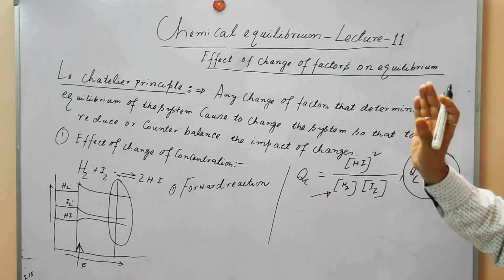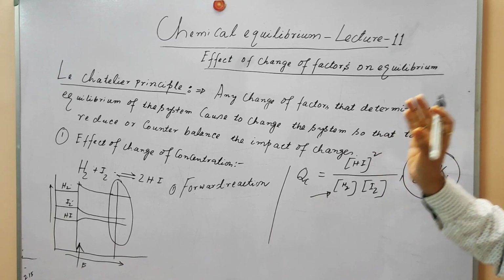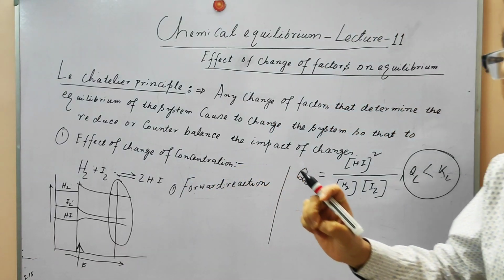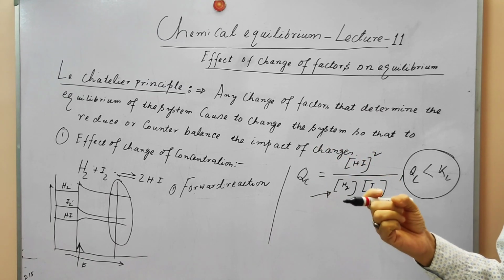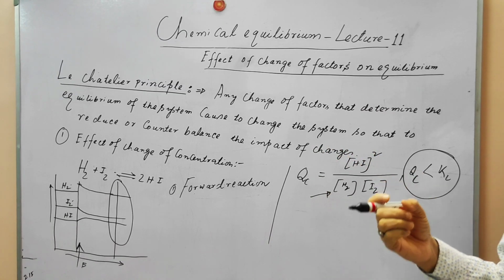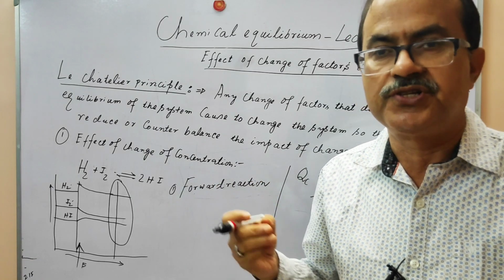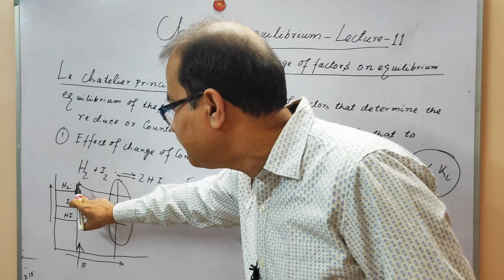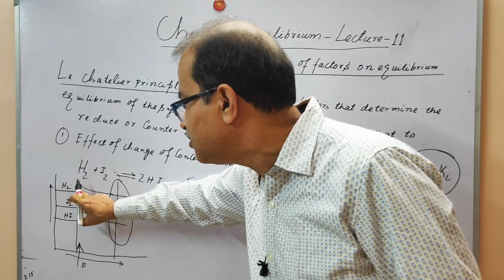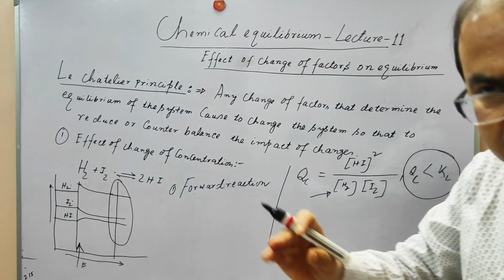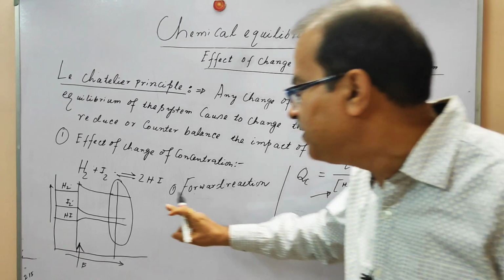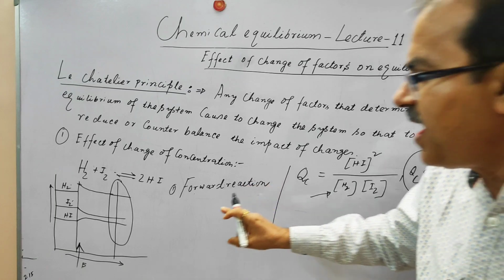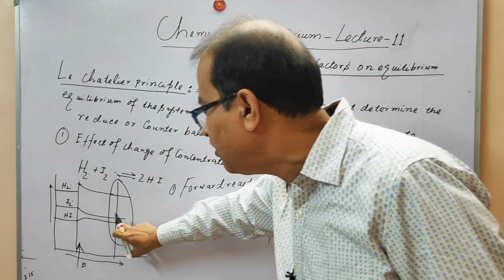So in this way we can understand, if we change the concentration of the reactants, or change the concentration of the product by removing the product, there will be a change in the equilibrium concentration. Before, you can see the hydrogen concentration, and after the re-establishment of the equilibrium you can see this hydrogen concentration is different, and hydrogen iodide has also increased.